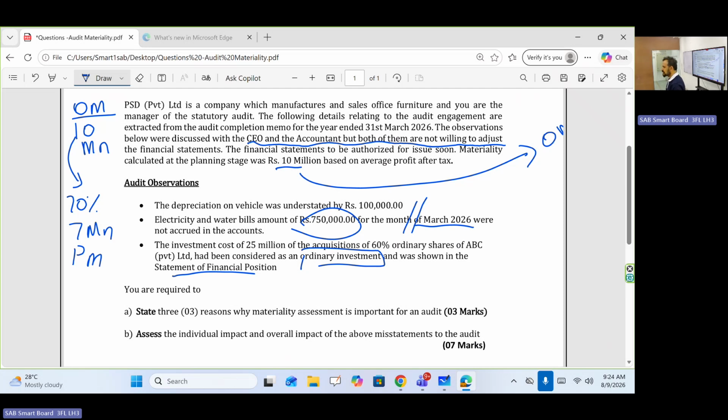Now, which company will treat it as a subsidiary? In the 51 scenario, 51% is more than 50, so the company with 51% ownership holds it as a subsidiary. Second scenario, A company has 45%, B company has 35%, and C company has 20%. Which company will take it as a subsidiary?